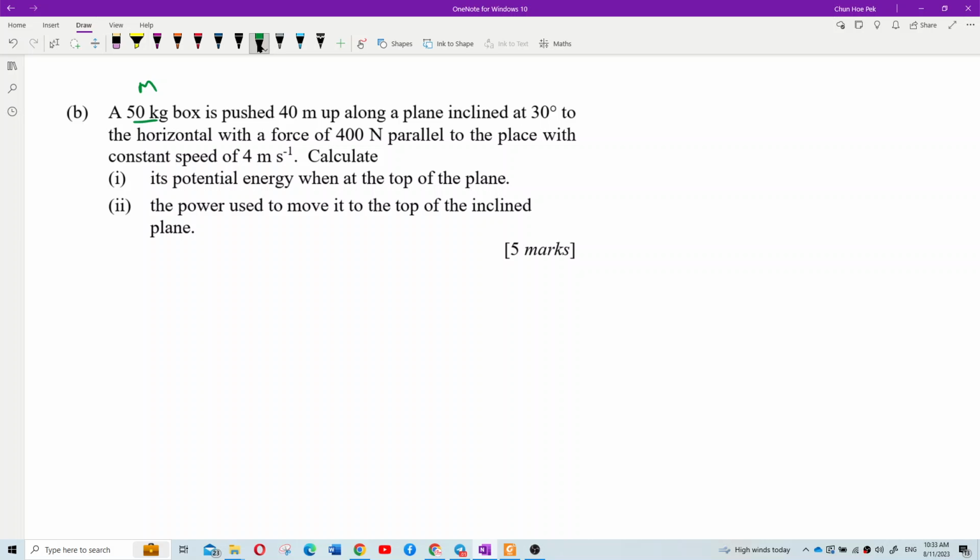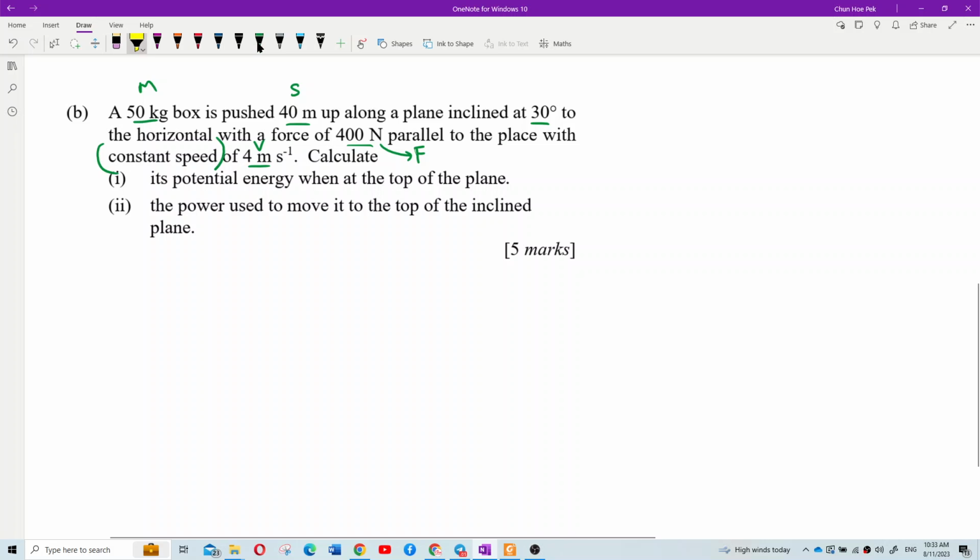So mass pushed. This is S. Incline. Horizontal force. This is the pushing force. Parallel, with constant speed V. Constant speed is important.